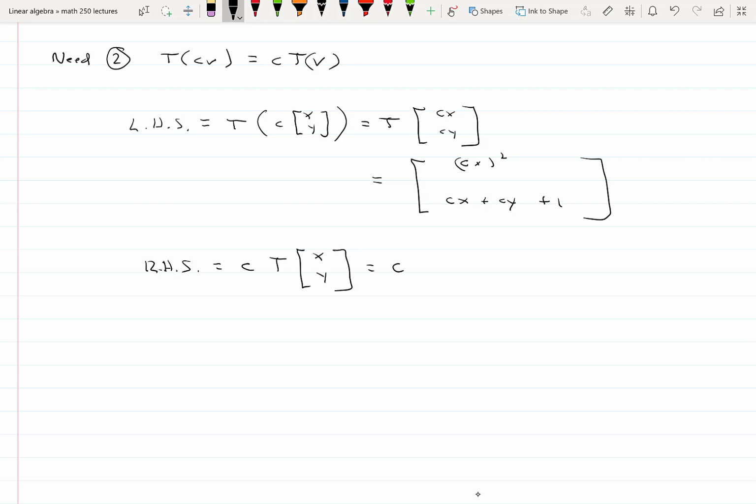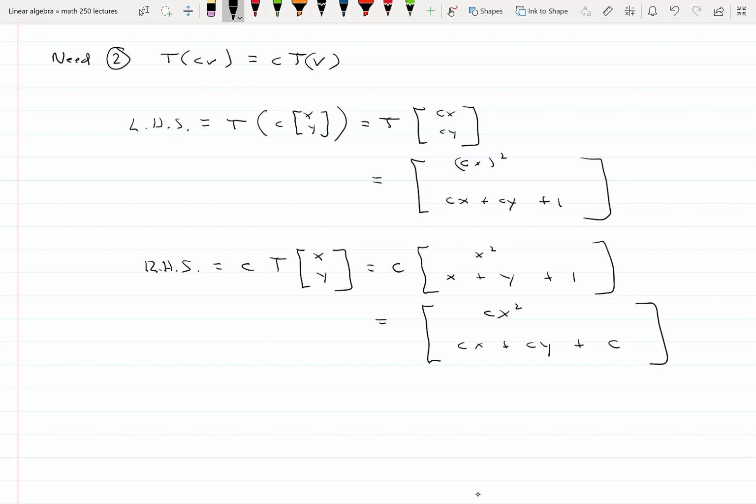Well, that's C times (x squared, x plus y plus 1). And we have the operation of scalar multiplication, which says I can bring that constant in. It looks like Cx squared, Cx plus Cy plus C.